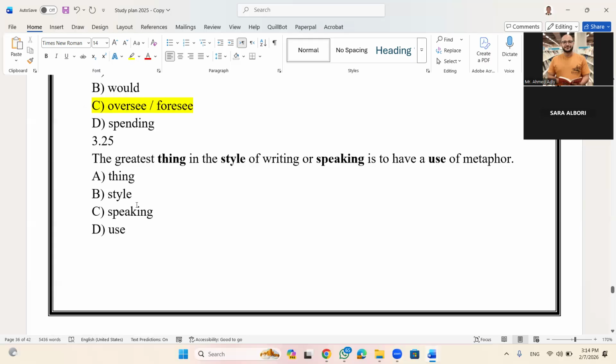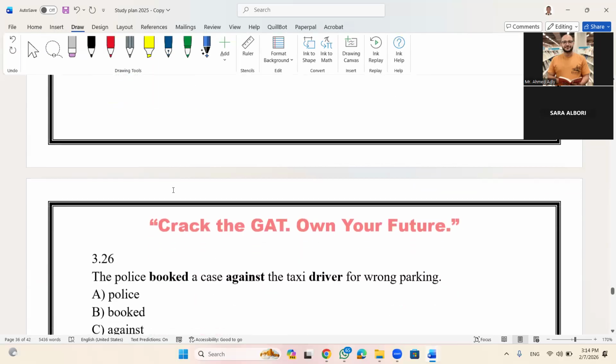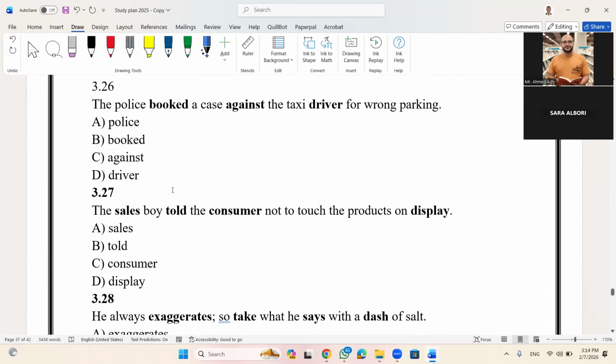Because if I give you an expression and you're not aware of this metaphor, for example, when I say that the clouds are balls of cotton, and you don't know what balls of cotton mean, I mean that it's too cloudy. So the sky has got balls of cotton. This is an example of a metaphor.